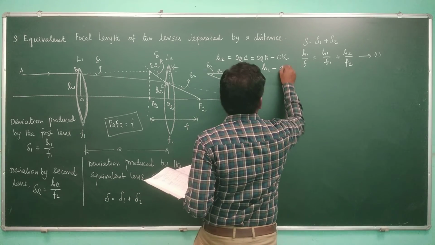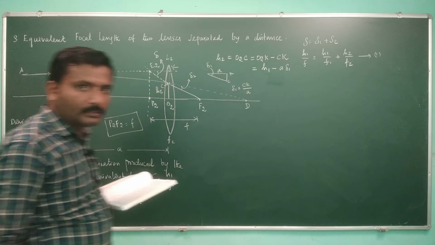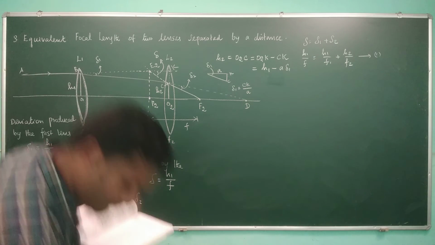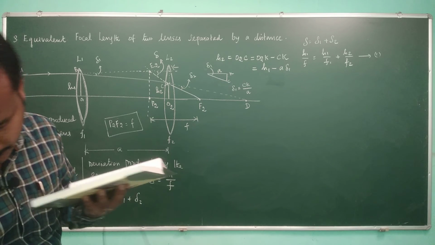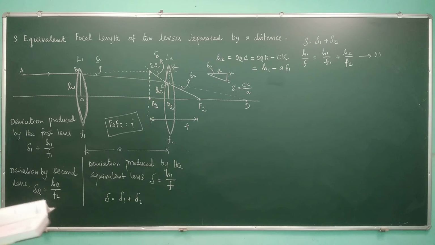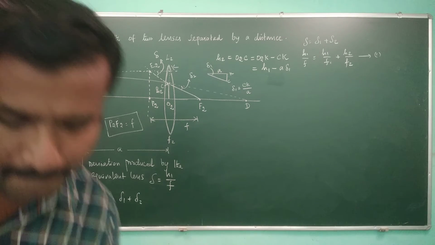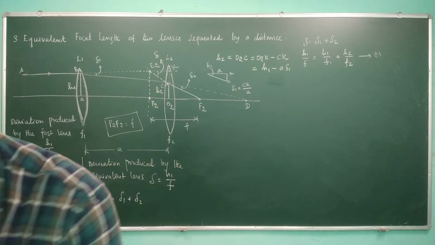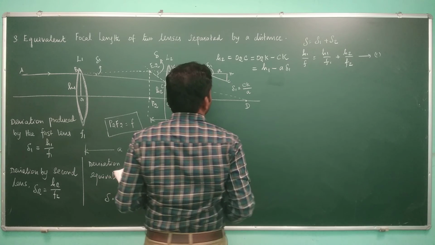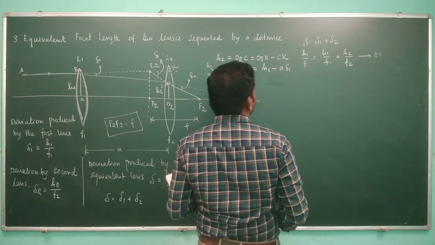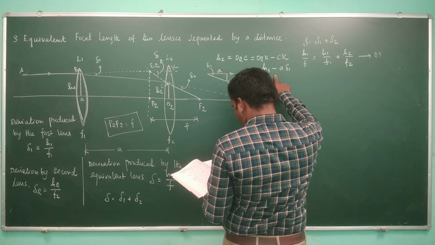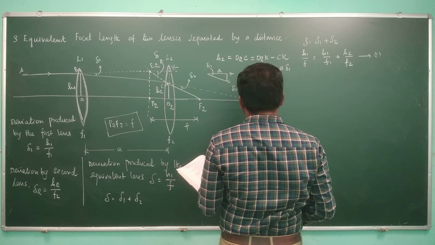So here you can write A times delta 1, so that H2 is nothing but H1 minus A times delta 1.